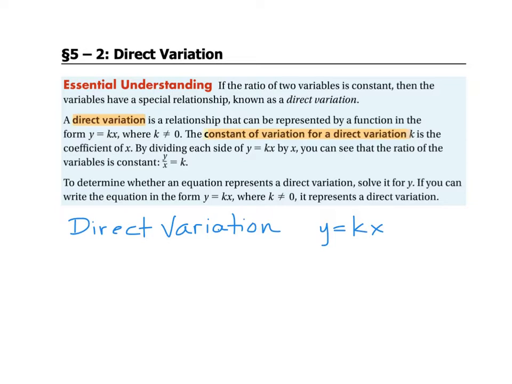So our k here is our constant of variation. Let me go back and erase that.